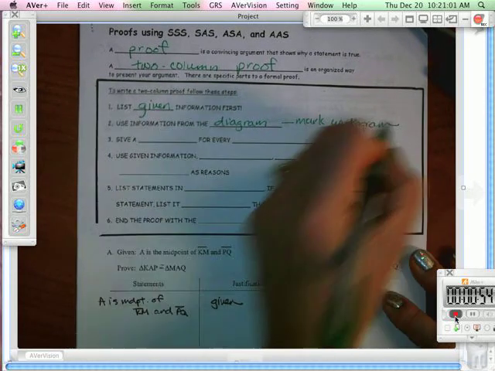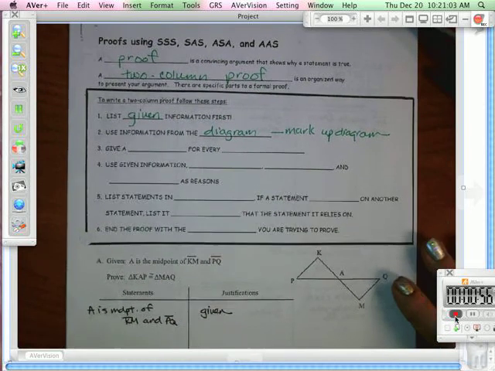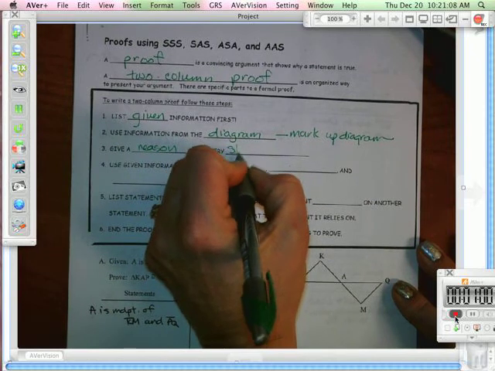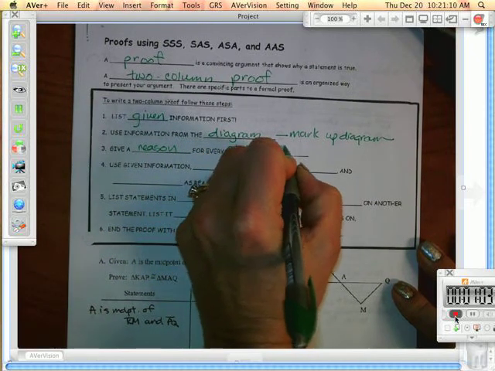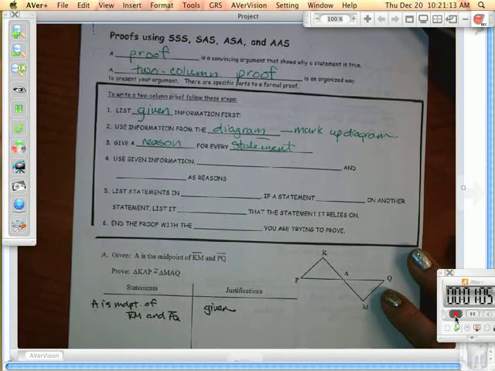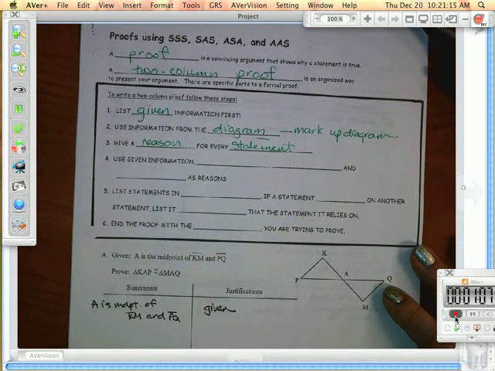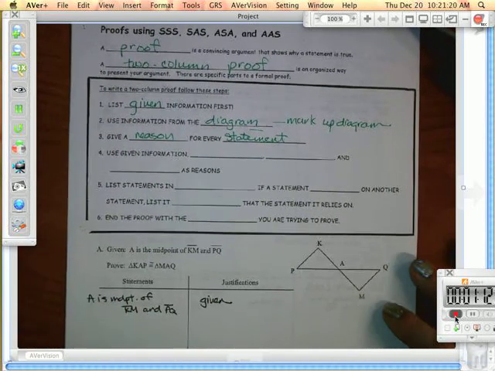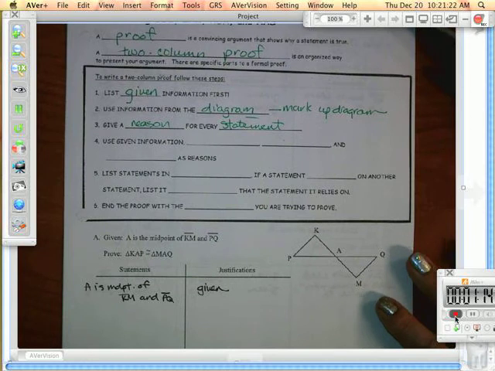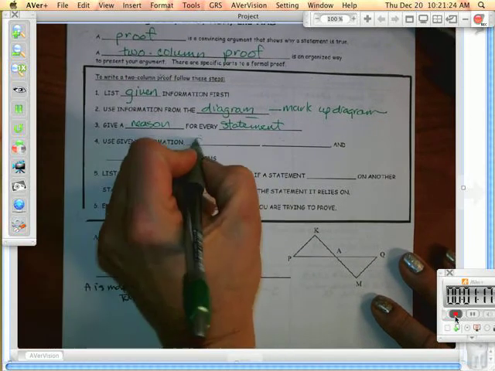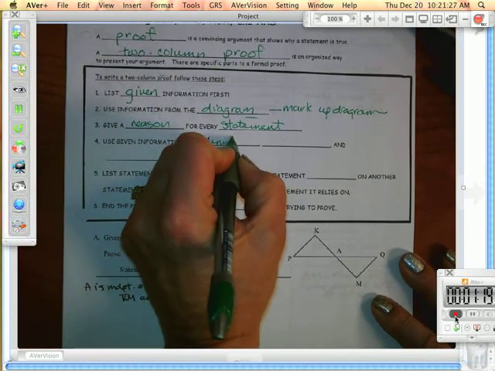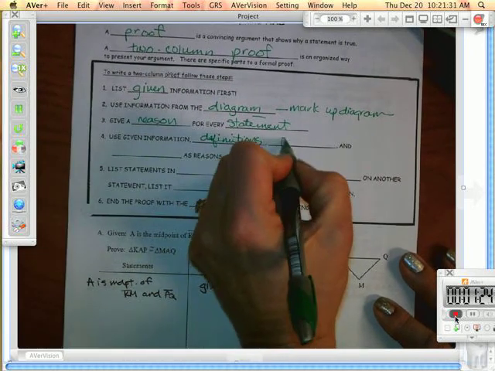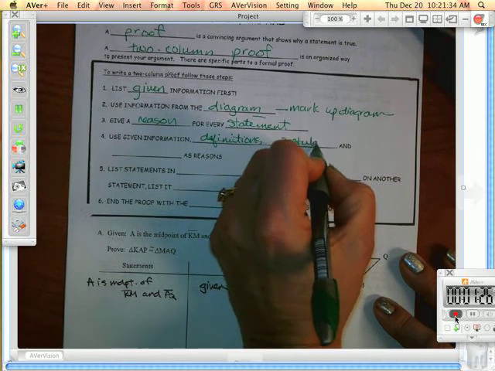I'll show you. Give a reason for every statement. Use information that you have learned, such as definitions, properties, postulates, whatever we know, and theorems.